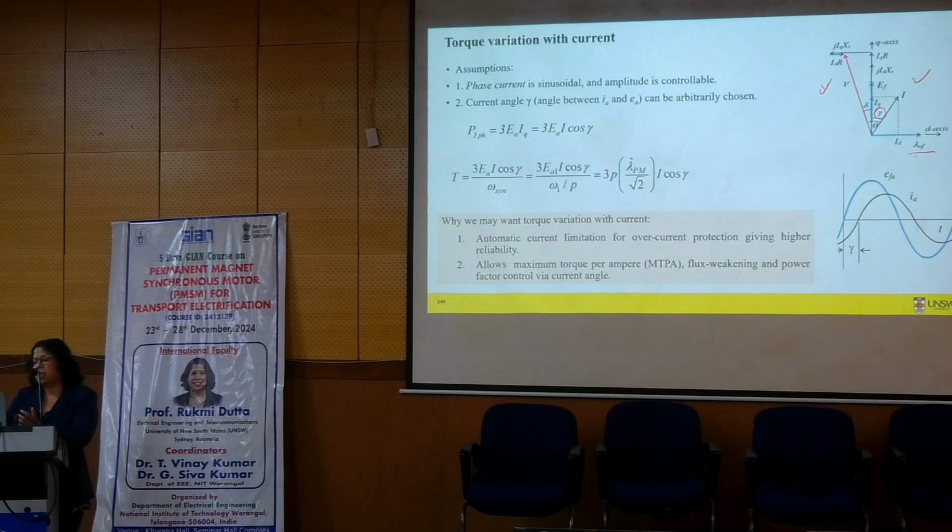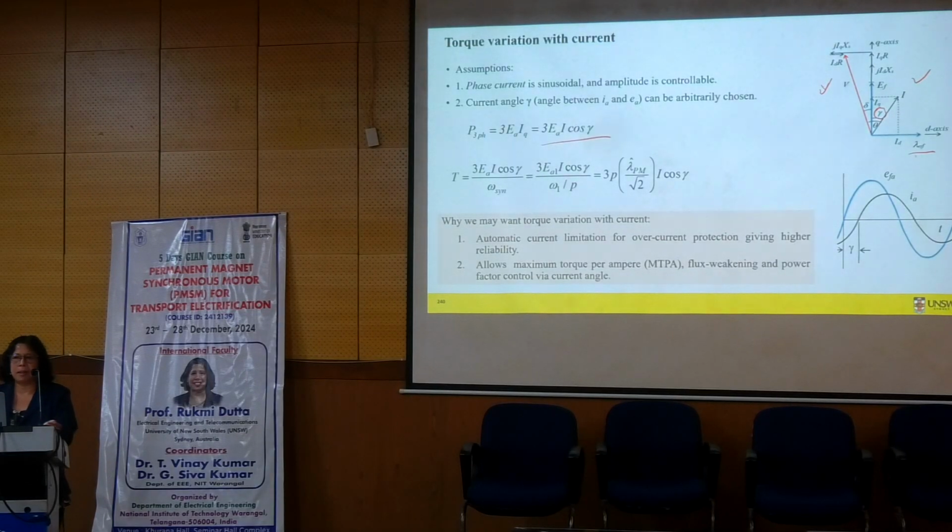Okay, so this is also the power equation from steady state average power. And dividing this power, we can get torque. So basically, if we can control the current and this angle, we can also vary the torque, or we can get different torque for different speed.